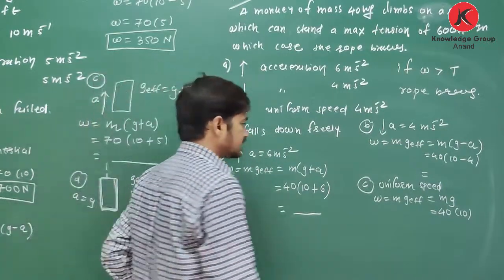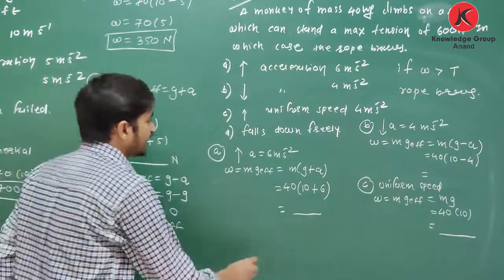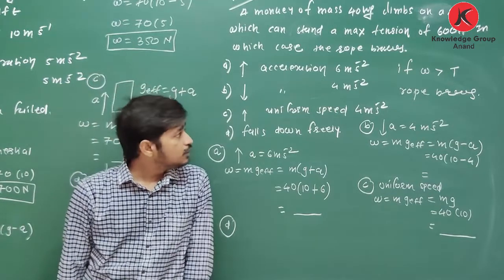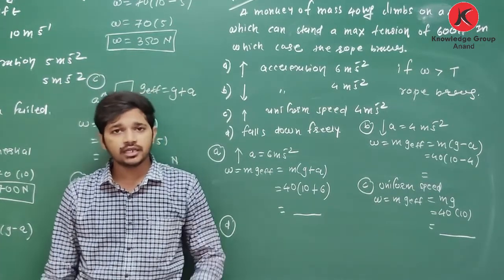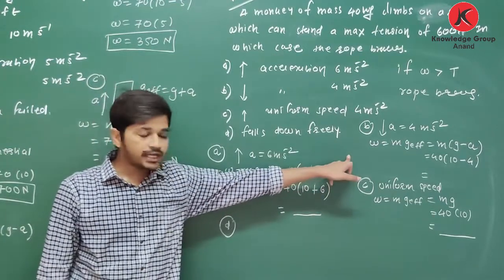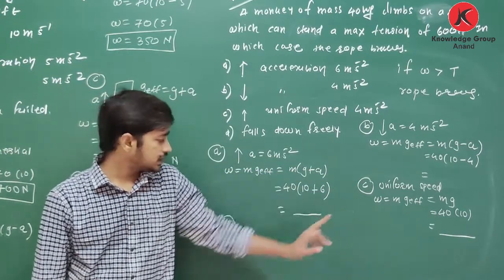Yes or no? So for each and every case you have to find W. And if W is greater than T, then the rope will break. So find W in the first case, write your answer. Find W in the second case, write your answer. It will break or not, in question C and in question D.